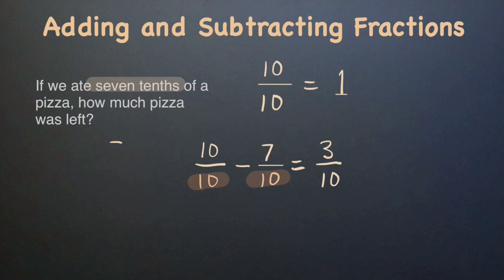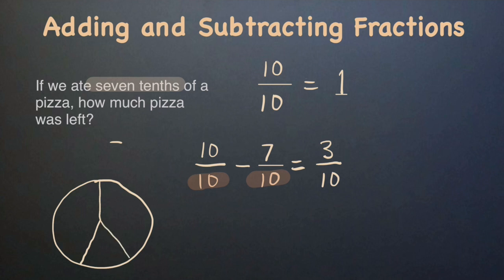Or if I drew a diagram, if this was my whole pizza, and I'm going to do my best to do this well, okay, so that's 5 equal pieces. I know they're not perfectly equal.